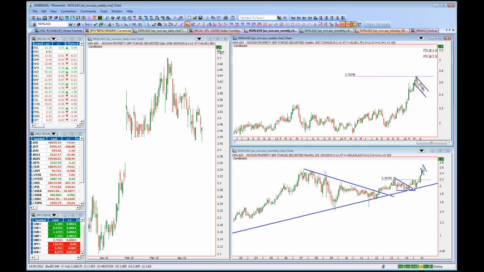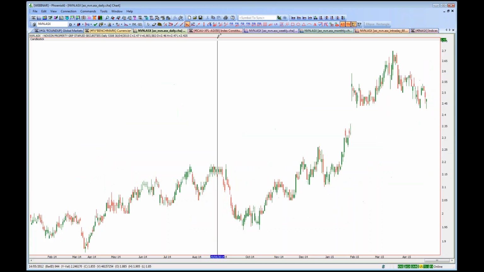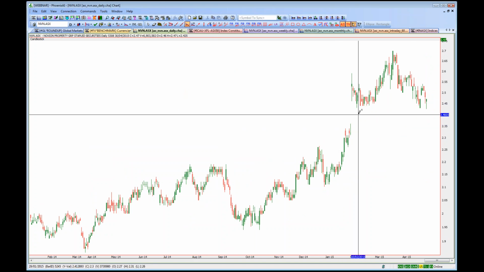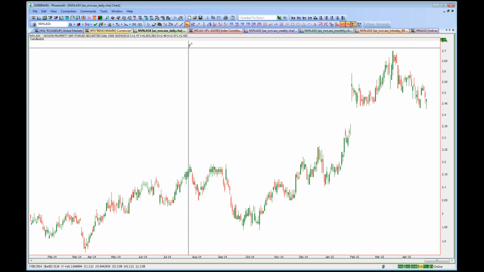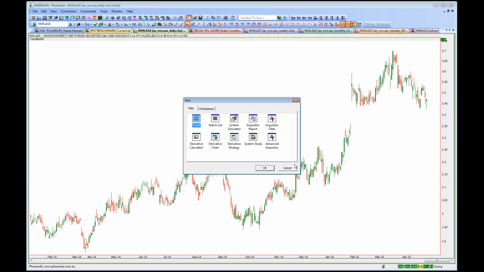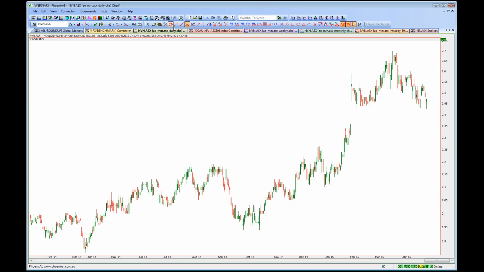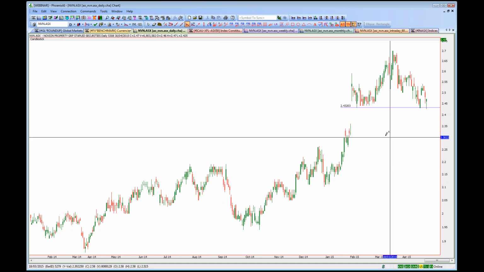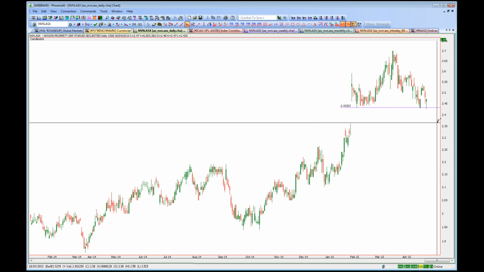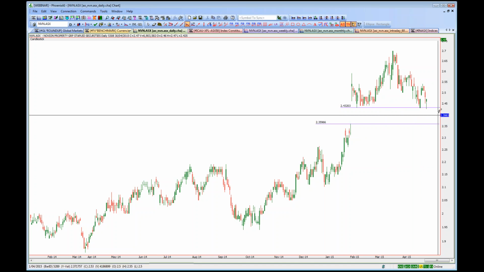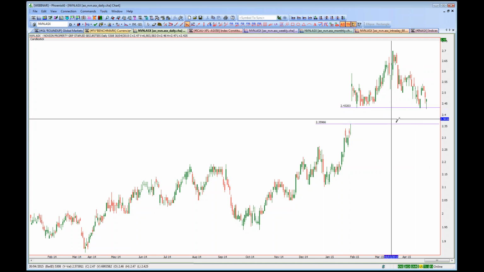Go into the daily. Now this is interesting also here. Huge gap. Oops, what happened there? At some point, this is going to come and close this, all this.